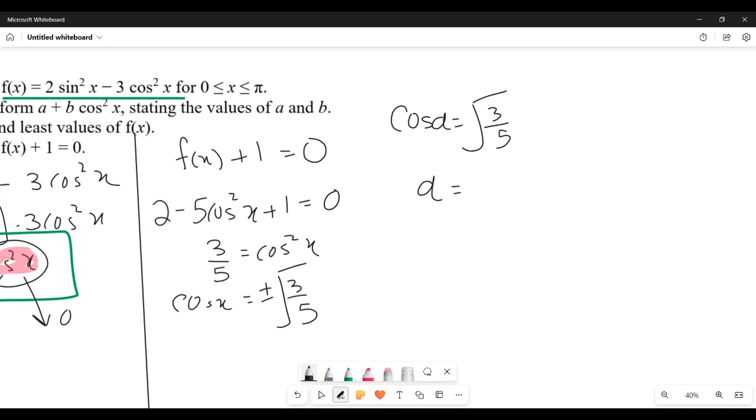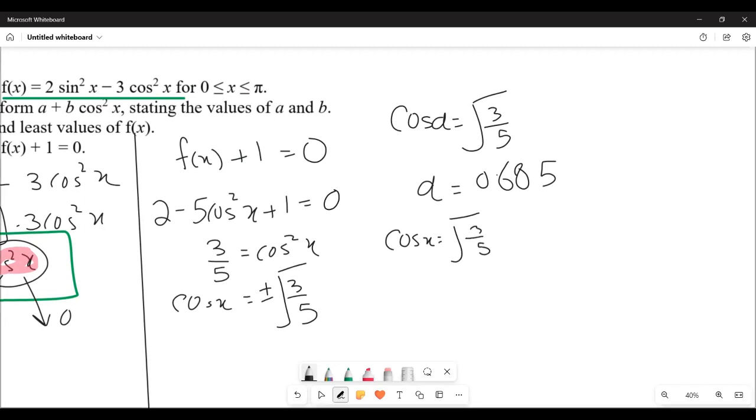No, we're in radians because it's 0 to pi. So cos inverse of root 3 by 5 is 0.685 in 3 significant figures. So for the positive case, cos x is equal to root 3 over 5, and for the negative case, cos x is equal to minus root 3 by 5.